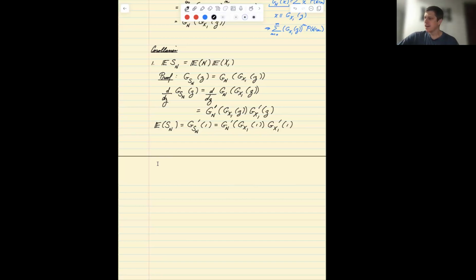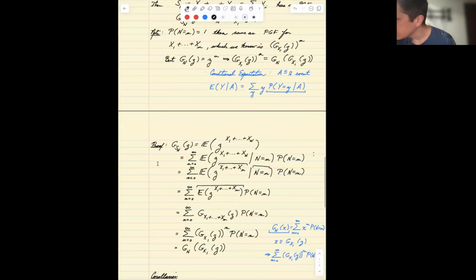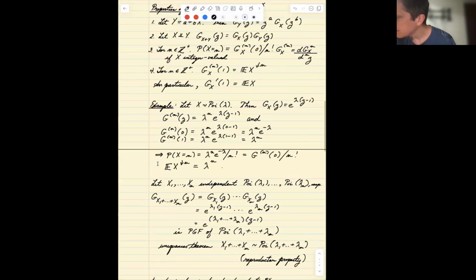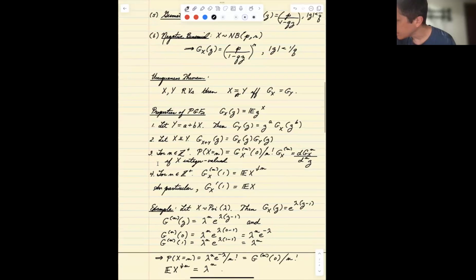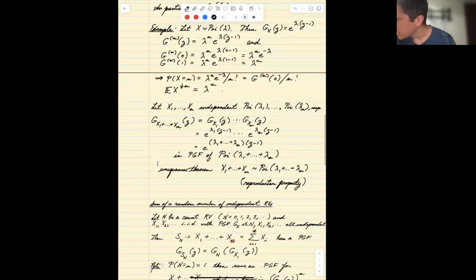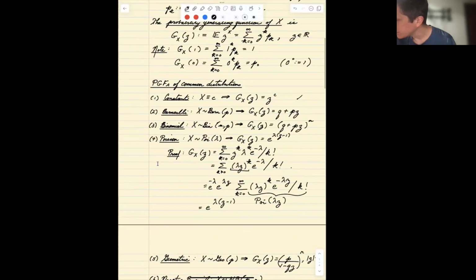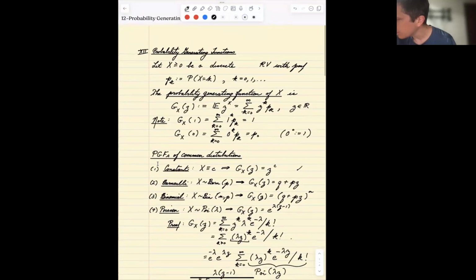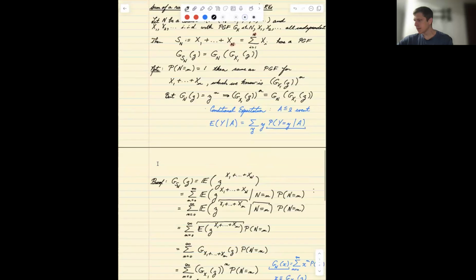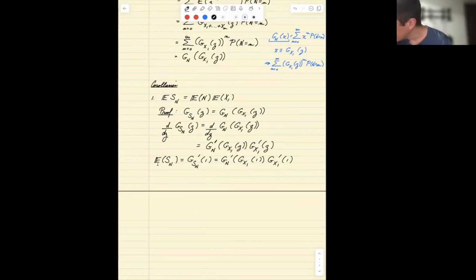Okay. Well, what's G_X1 evaluated at 1? Well, we've also shown before, and we could always rederive it if we forgot, that the probability generating function evaluated at 1 is always just 1, because it's just the sum of the probabilities. So G_N prime is 1 times G_X1 prime of 1.